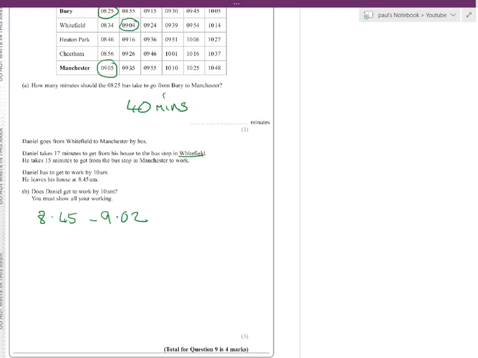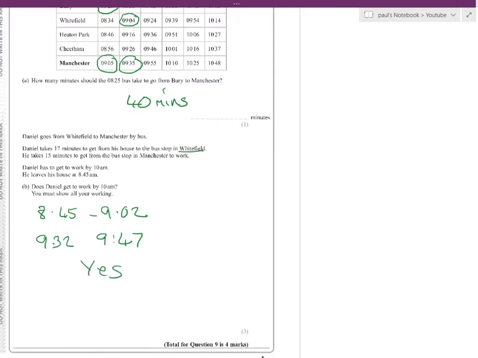Then he goes to Manchester and gets off at 9:32. It takes 15 minutes to get to work, so add 15 minutes onto that is 9:47. Yes, he gets there in plenty of time, doesn't he?